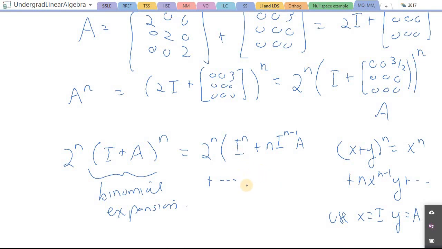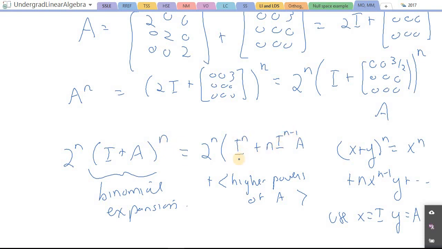These further terms have higher powers of A. So I can binomially expand out this sum of matrices raised to the nth power in this way.